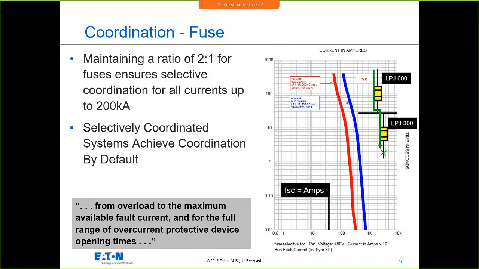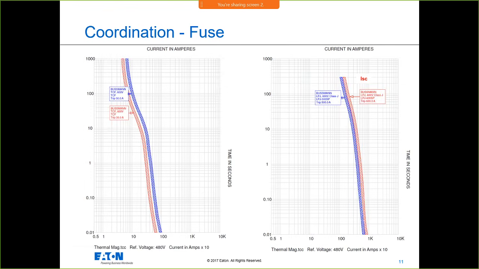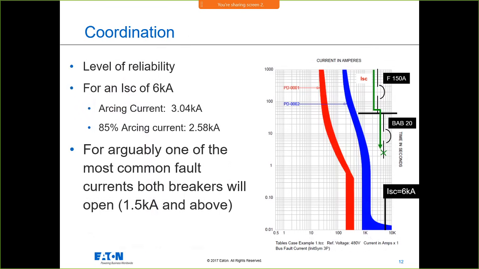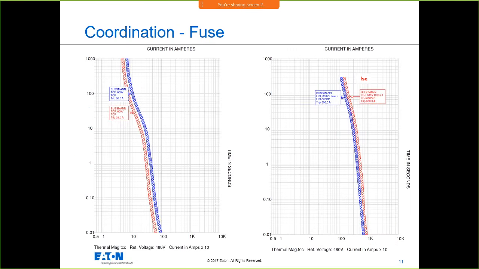Now, from a fuse perspective, again, you're going to maintain ratios. There's no real need to worry about the overlap or anything like that. You could, these two fuse curves would work as part of the 0.1 seconds rule, because I am maintaining separation, but they don't maintain that 2-to-1 ratio that I would want to see.